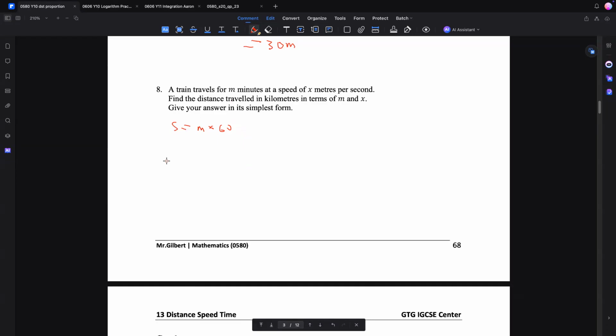And then what's next? We want to find our distance, right? So distance is speed times time. We got our time here already, which is m times 60. What is our speed? x. So x times m times 60.